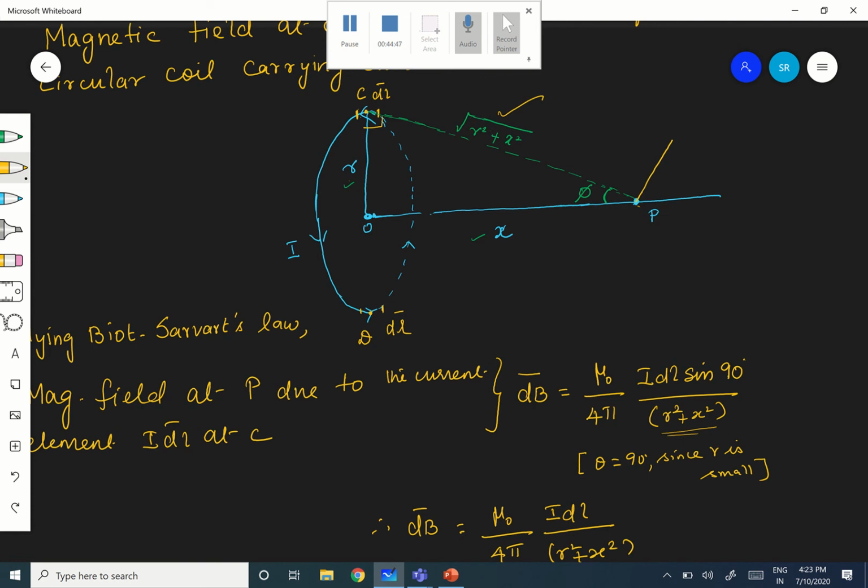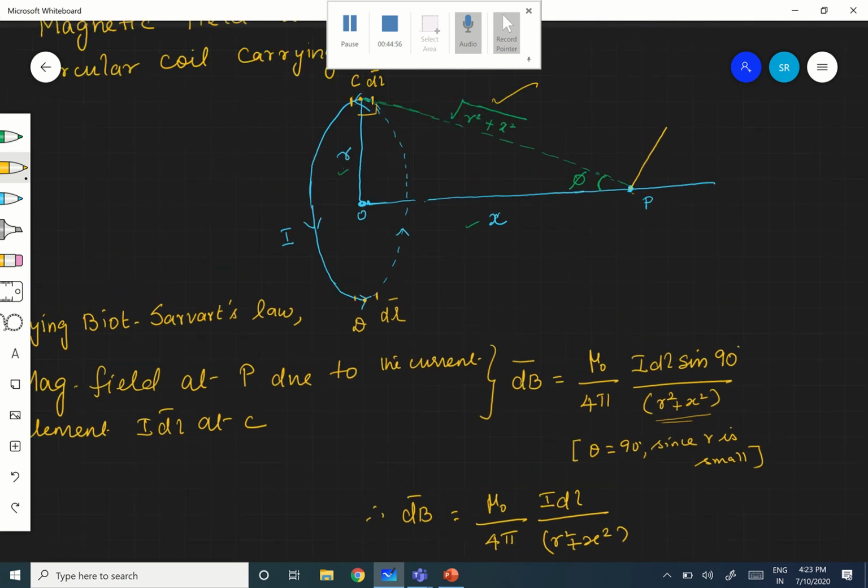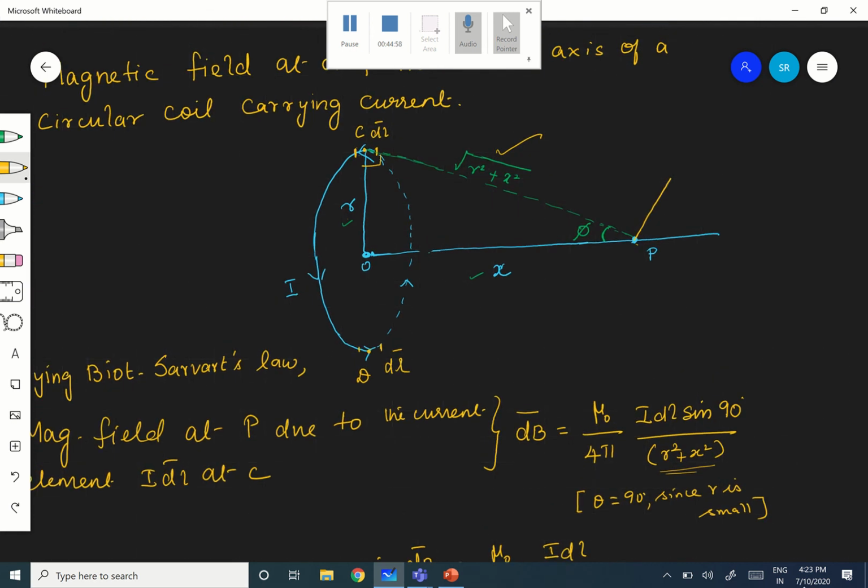Therefore, you will be getting here. Otherwise, if I take the radius as A, then everywhere it will be A. I don't think whether it is A or R is going to matter, but only understanding is required here. Here CP is only the distance, the position vector of P with respect to idl at C. That is nothing but root of R squared plus X squared.